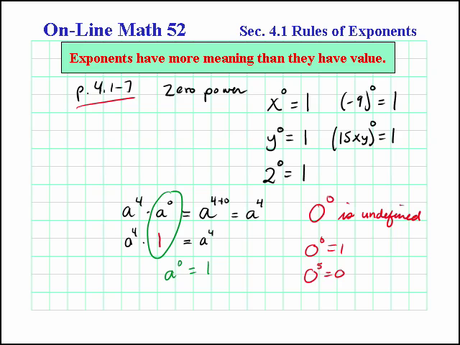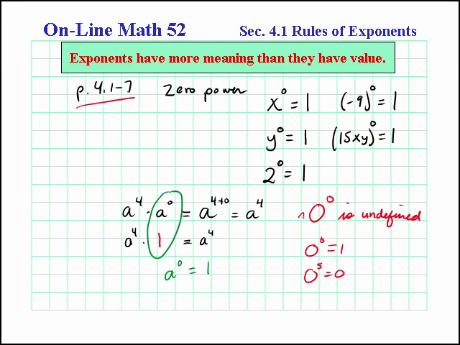And so you might say, well, wait a minute. 0 to a power. Should it be 1 or should it be 0? When we have what's called an ambiguity, where it can be more than one thing, in mathematics we say not allowed, we say it's undefined.